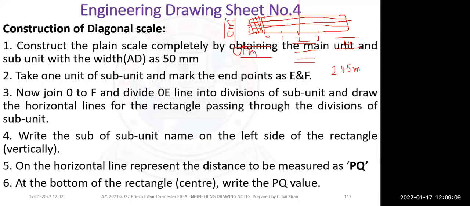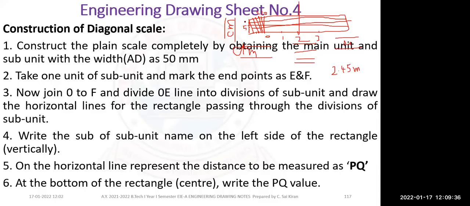So 2 meters will be completed. From the main units, I will be taking 2 meters. From the decimeters, I will highlight this 2. This is 0, this is my 1, and this is my 2.